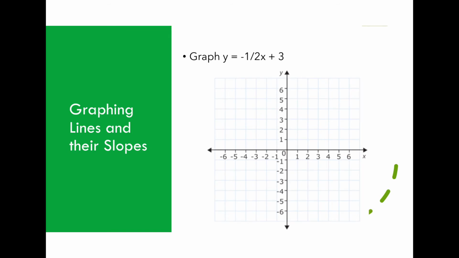All right, one more fraction. As my slope, m is equal to -1/2. Now, with every fraction, and this is true with our whole numbers as well, I'm going to rewrite this a little bit.